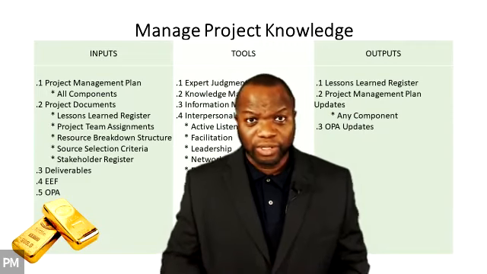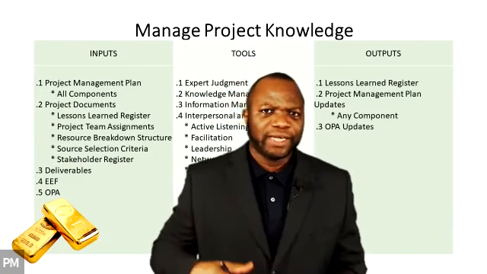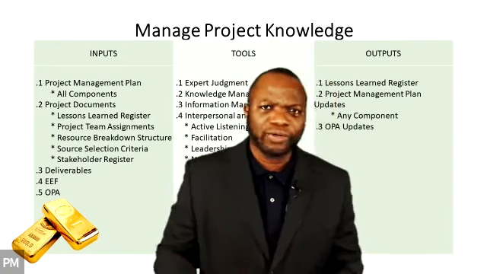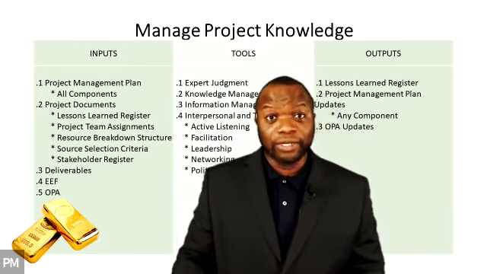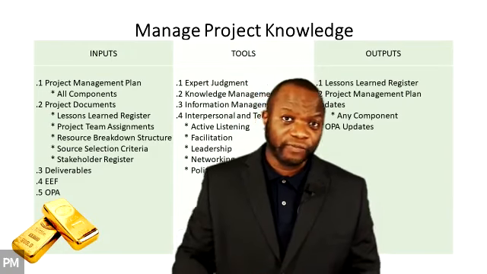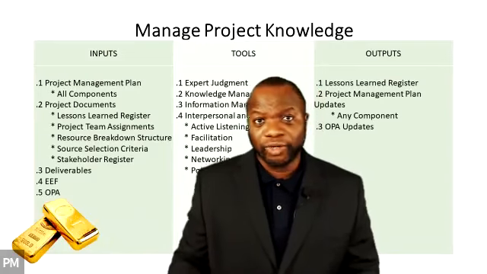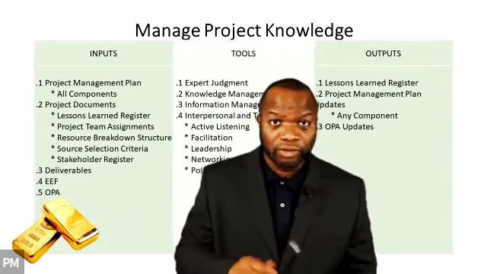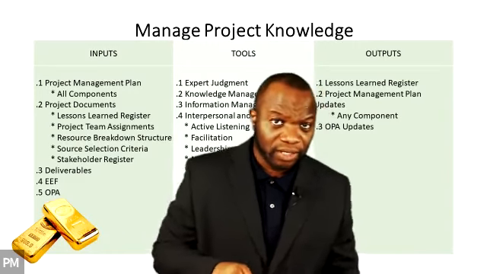It's not something you can just write in a book. Sometimes it's facial expressions, it's gestures, it's tone of voice, and all sorts. So when we talk about tacit knowledge, that's the knowledge you want to convey face to face. When we talk about explicit knowledge, that is knowledge that you can easily codify with pictures and words. You got to know the difference between tacit knowledge and explicit knowledge.